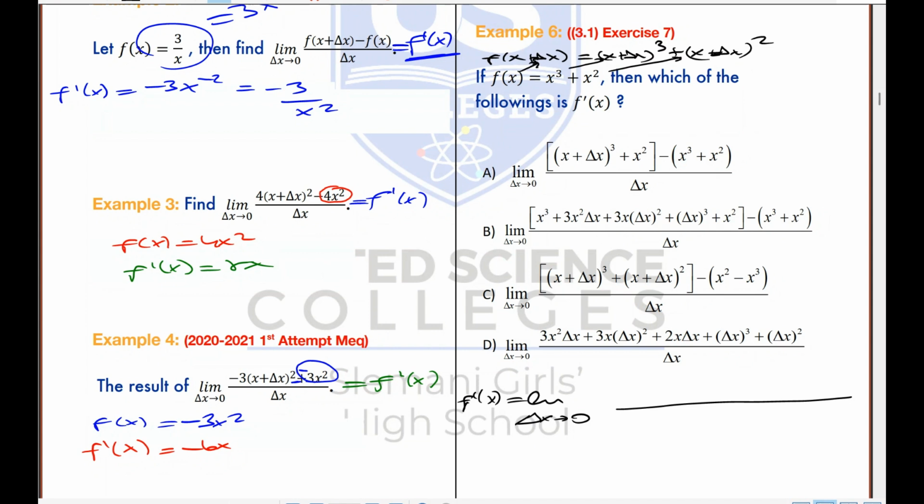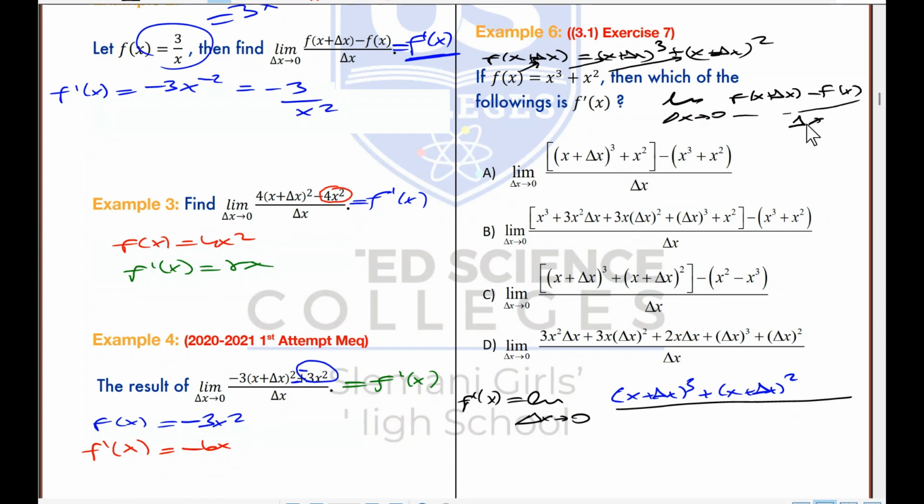We studied this before. So the first one, f of x plus delta x, which is x plus delta x cubed plus x plus delta x squared. This is the first part. Let me write the form here. Let it be in front of us. Minus f of x over delta x.